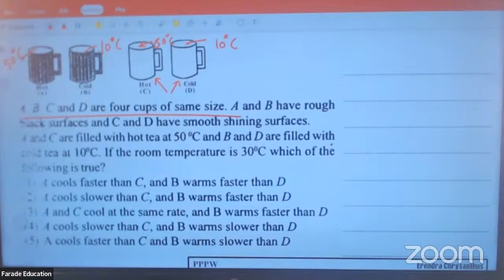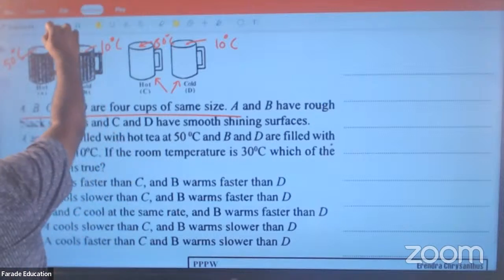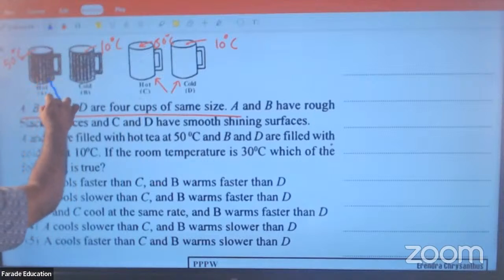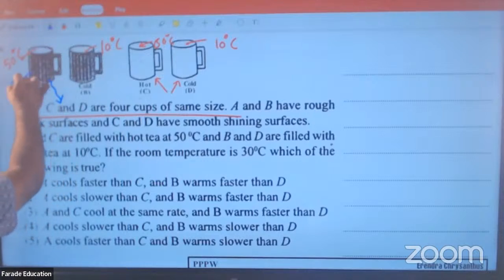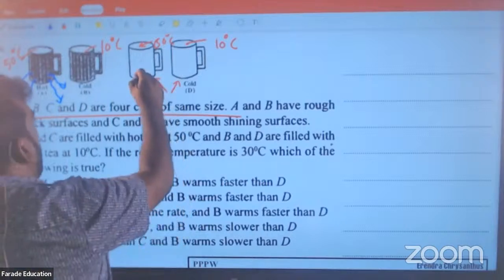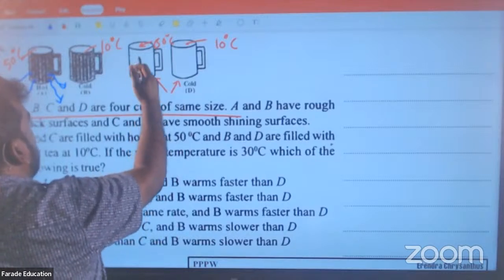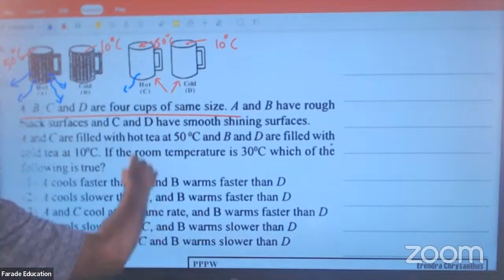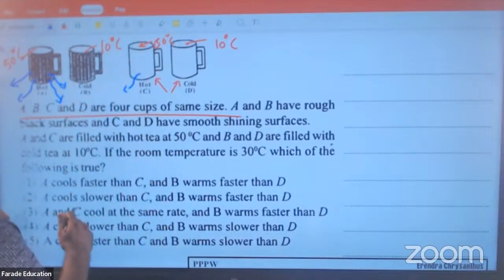What can you say? Remember black body radiation: dark surfaces emit radiation quickly, while shiny surfaces have weak emission. So this 50 degree tea in A will cool down quickly.